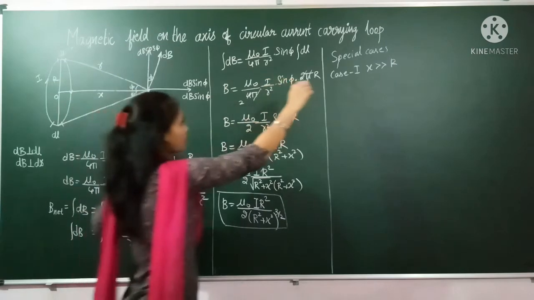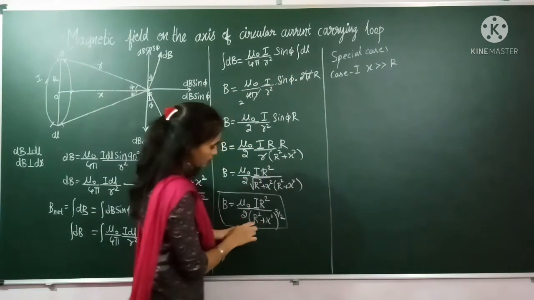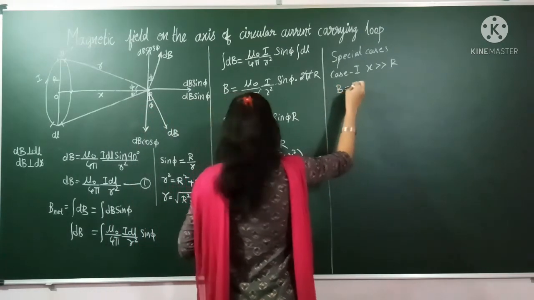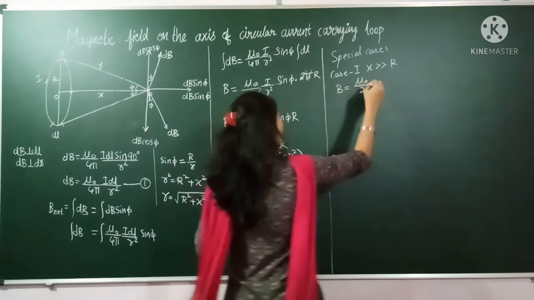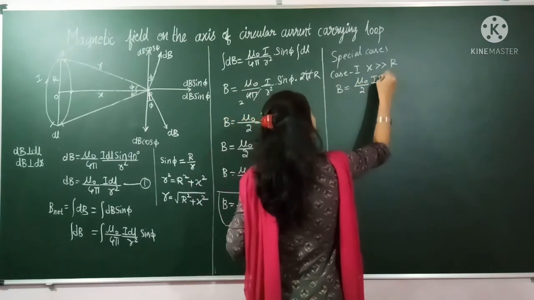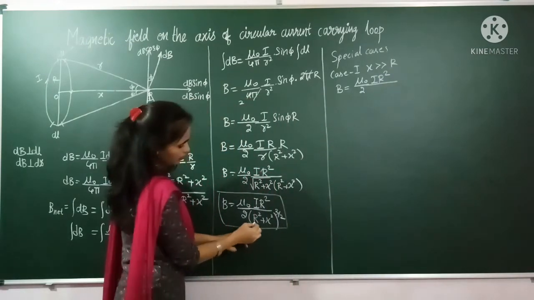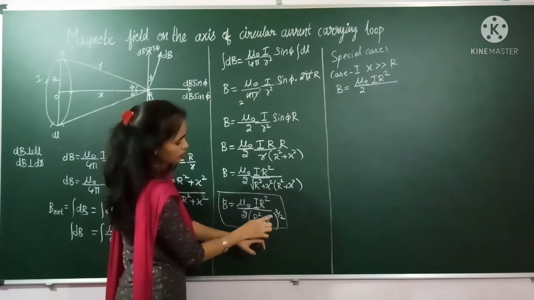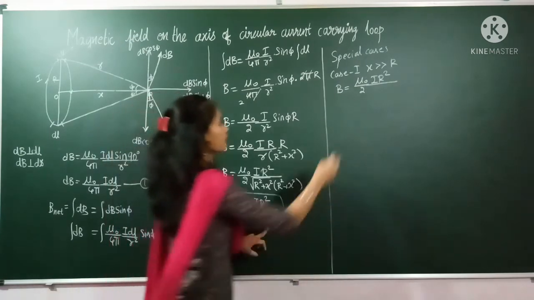At that time this R value is negligible. If you delete R from this equation, what will we get? B is equal to μ0 divided by 2, I into R², divided by, if you delete this R value, then x remains. For this x, this is squared and this is 3 by 2, so this 2 and this 2 cancel, so it will be 2x³.